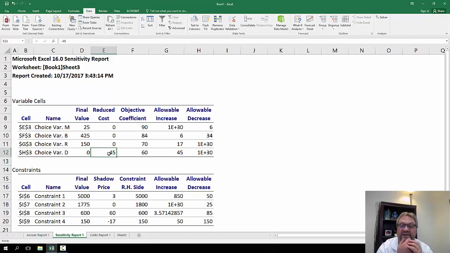What this is actually telling me is that, since I'm not going to sell any of my radios through my direct mail chain, if we made a restriction that you had to sell at least 1 unit through the direct mail chain, your profit would go down by $45. And I want to show that to you.